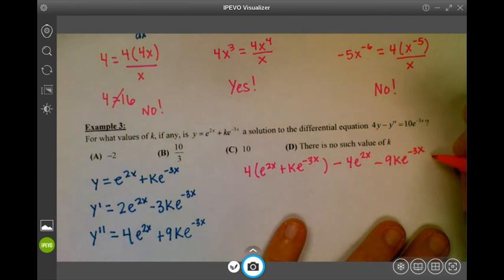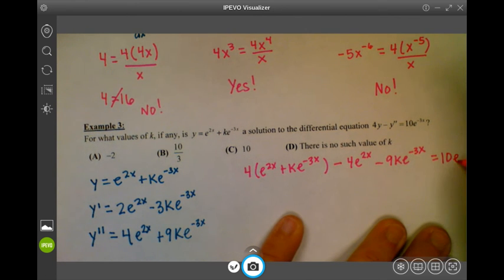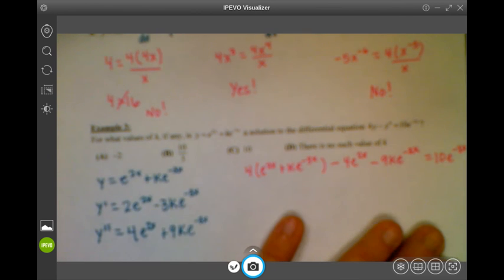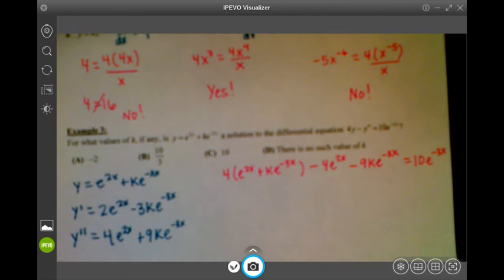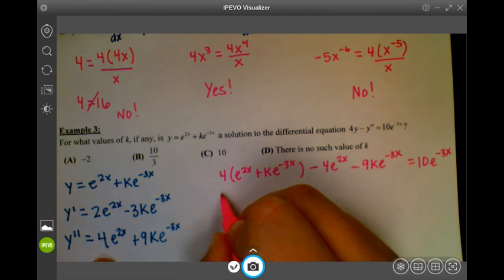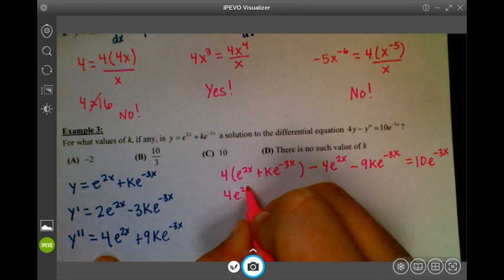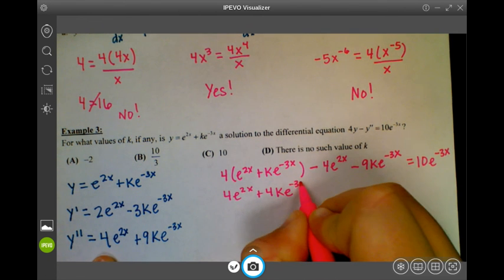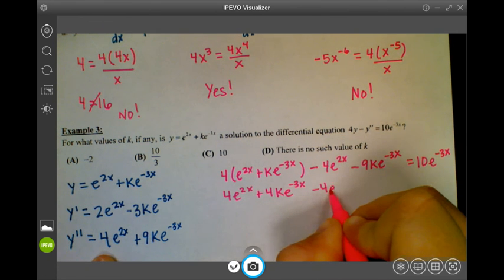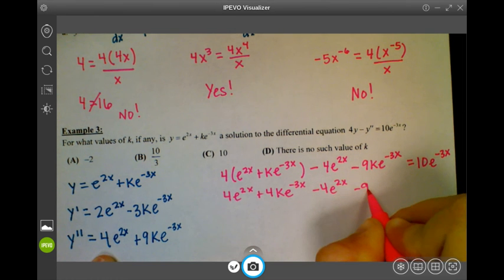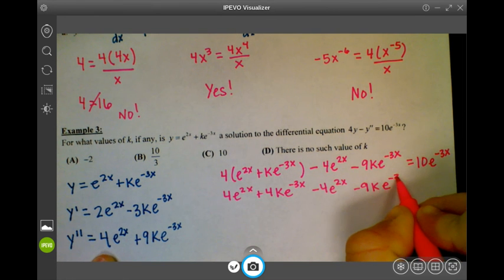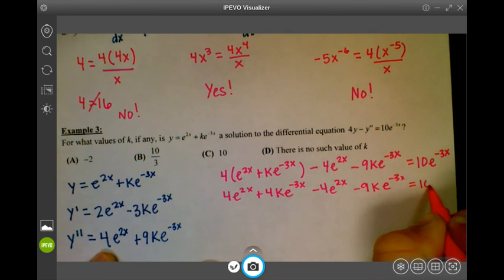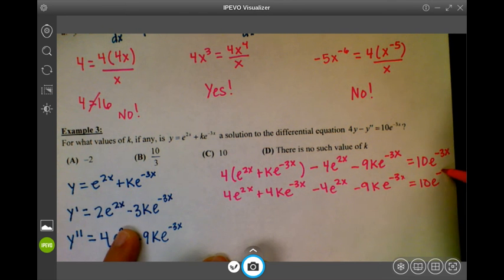And we need this to equal 10 e to the negative 3x. All right, so let's go ahead and distribute. We have 4 e to the 2x plus 4k e to the negative 3x minus 4 e to the 2x minus 9k e to the negative 3x equals 10 e to the negative 3x.